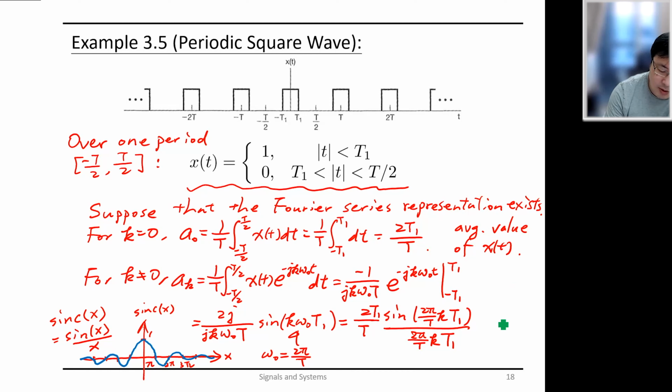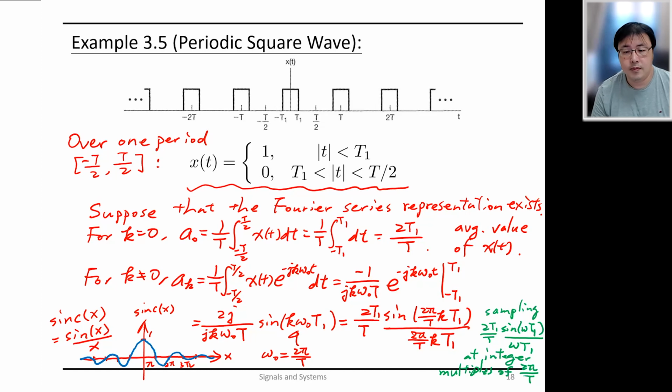So this is essentially sampling the function 2T1 over T, sine omega T1 over omega T1, at integer multiples of 2 pi over capital T. So you can view this as sampling this sinc function at integer multiples of 2 pi over T for omega.